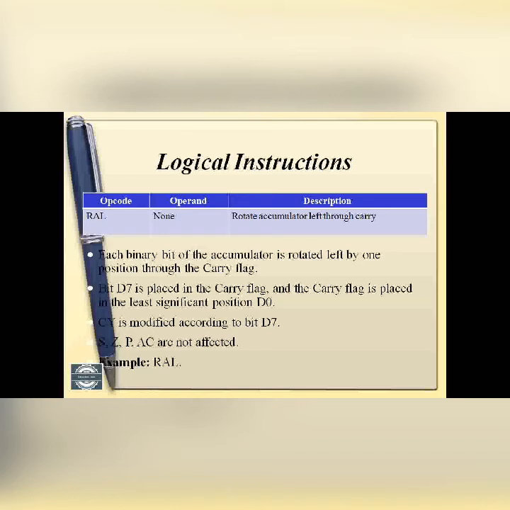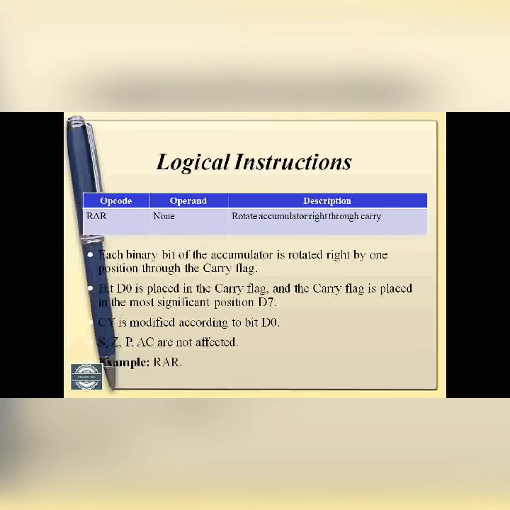RAL, rotate accumulator left through carry. RAR, rotate accumulator right through carry. RAL means left side, RAR means right side. That way you can remember.